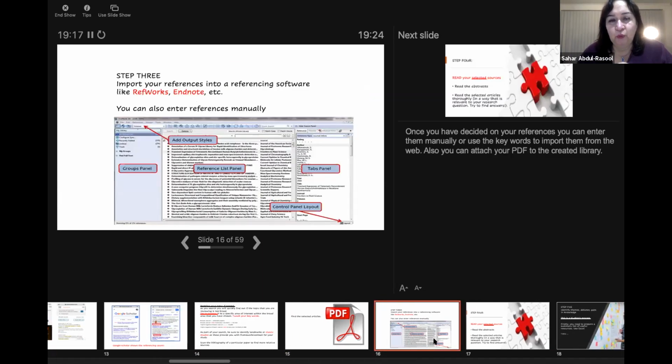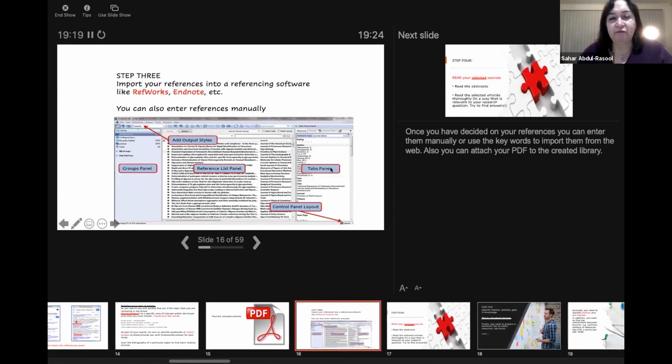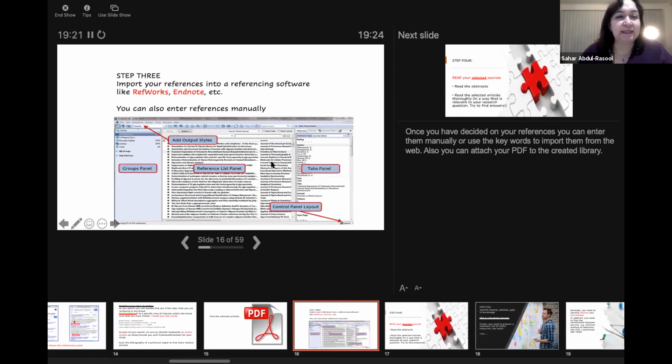And with that we also use a reference software. We import our references into a reference software. There is EndNote, there is RefWorks, and you need this software because it automatically inserts your references at the end of your writing.